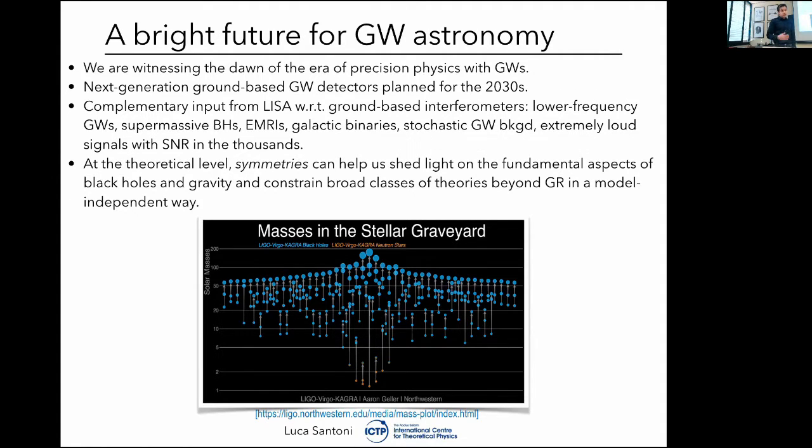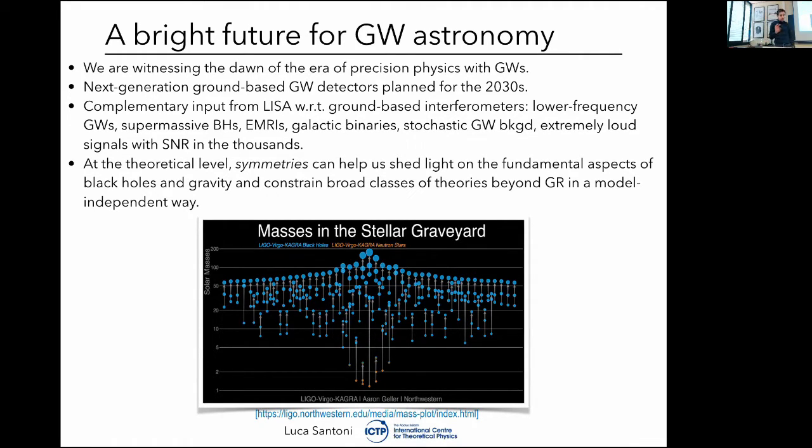Especially in light of envisioned third generation detectors, and also space-based detectors like these. It's pretty clear at this point that we are witnessing the dawn of the era of precision physics with gravitational waves.